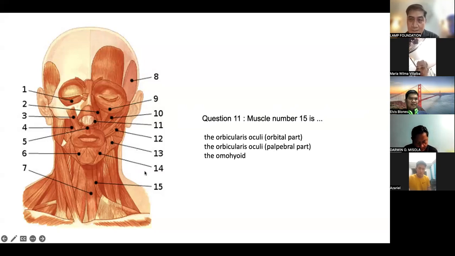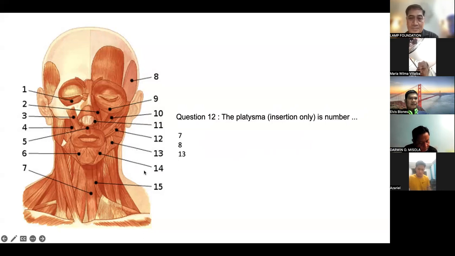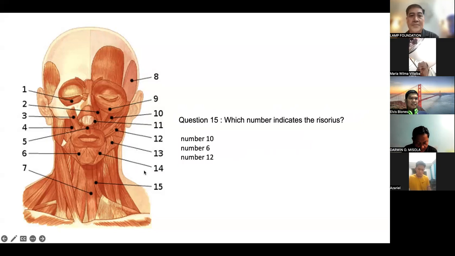The platysma insertion only is number what? Number 13. What does number 3 indicate? Number 3, the levator labii superioris. Muscle number 14 is? Number 14, the depressor anguli oris. Which number indicates the risorius?